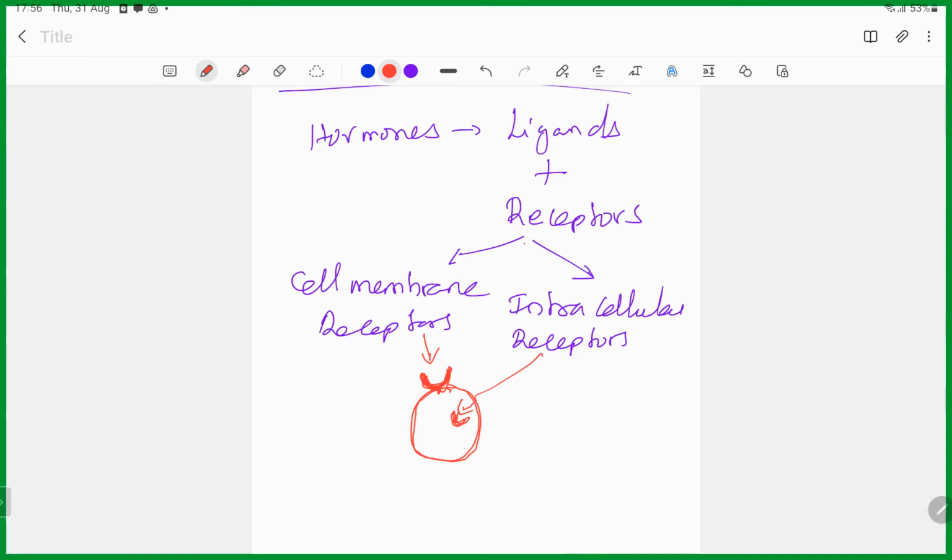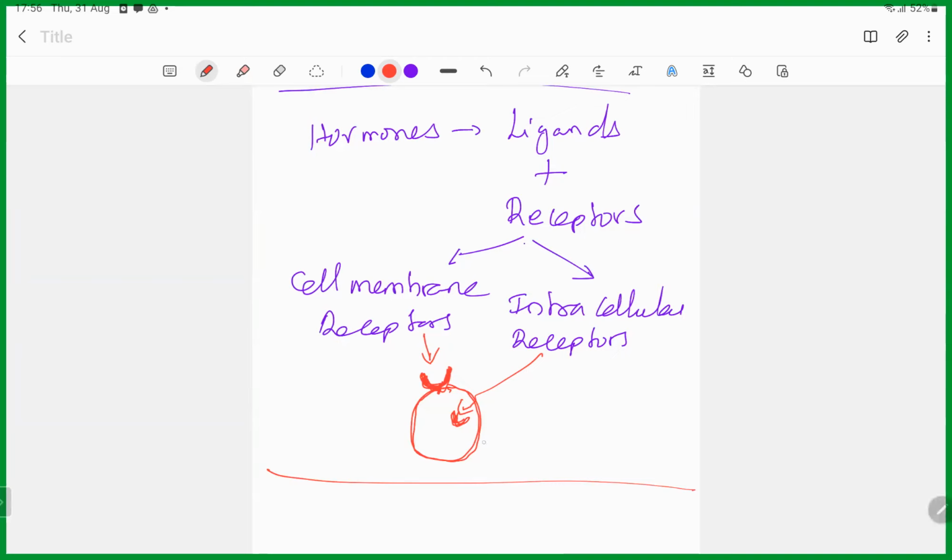So they are called intracellular receptors. Hormones can bind to the cell membrane, or it can have its receptor inside the cell also. So there are two types of receptors. Their interaction only controls the growth and all of the processes. Is it clear?